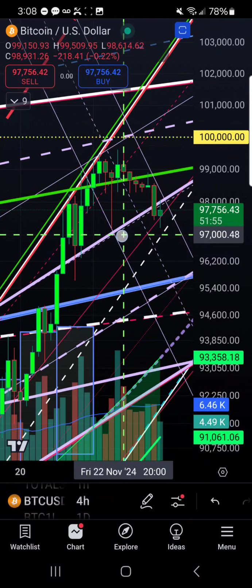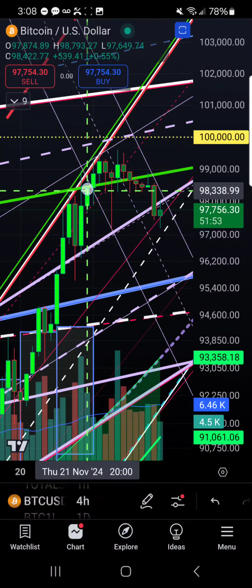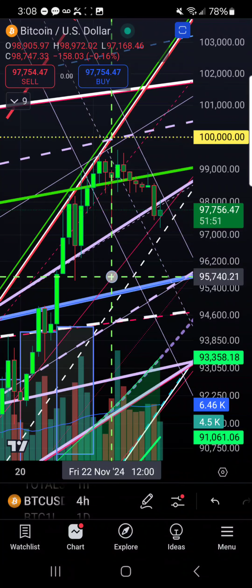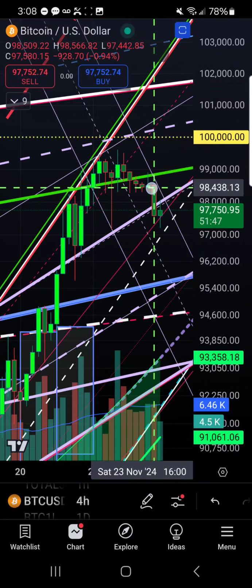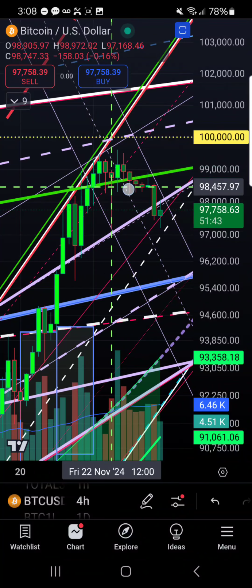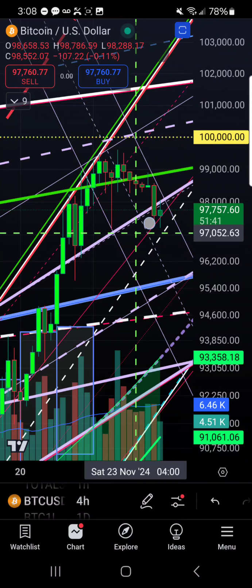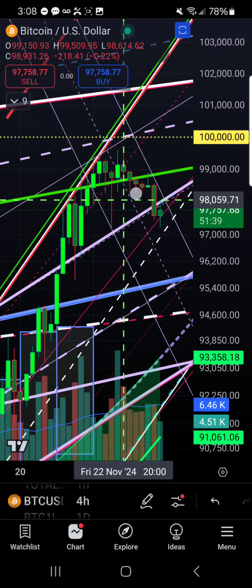And I lined it up with this point here, with this point over here, and with the center line, looking well, and the other side of the channel at the top of this 4-hour channel. And the center line looks like it has a couple of candle wicks coming down to it.